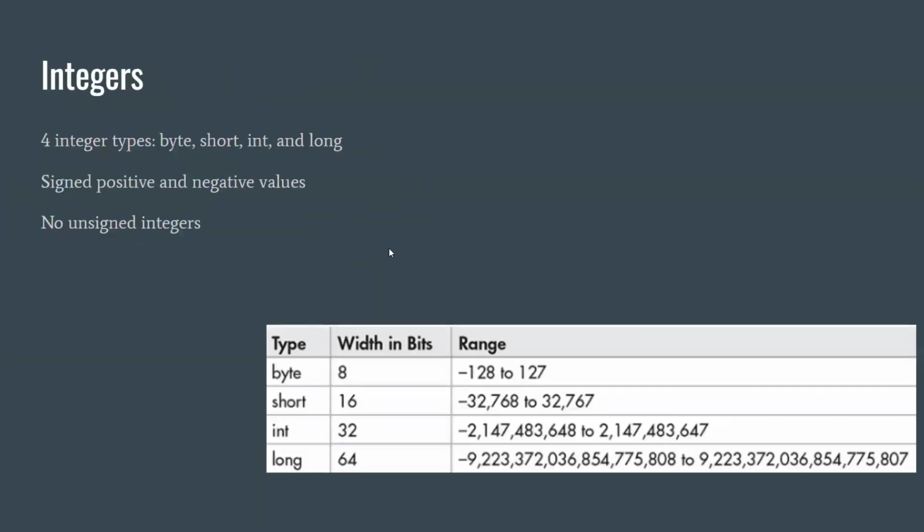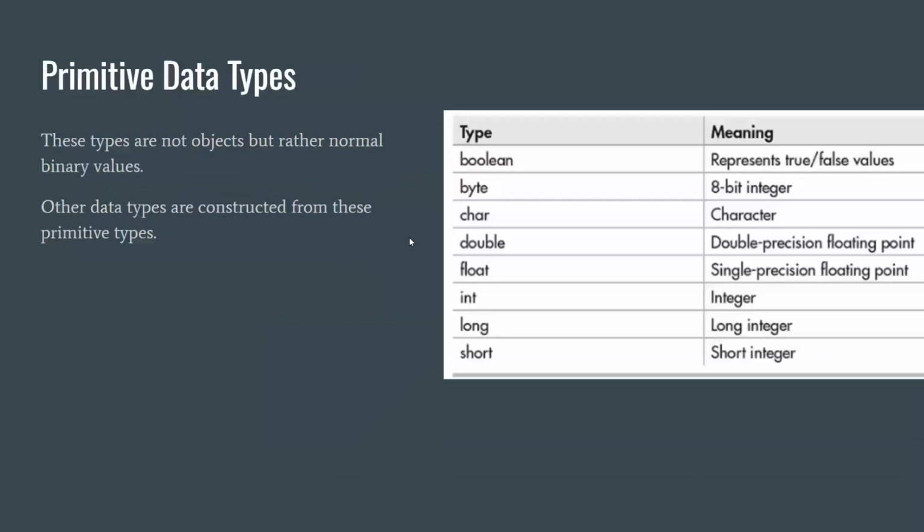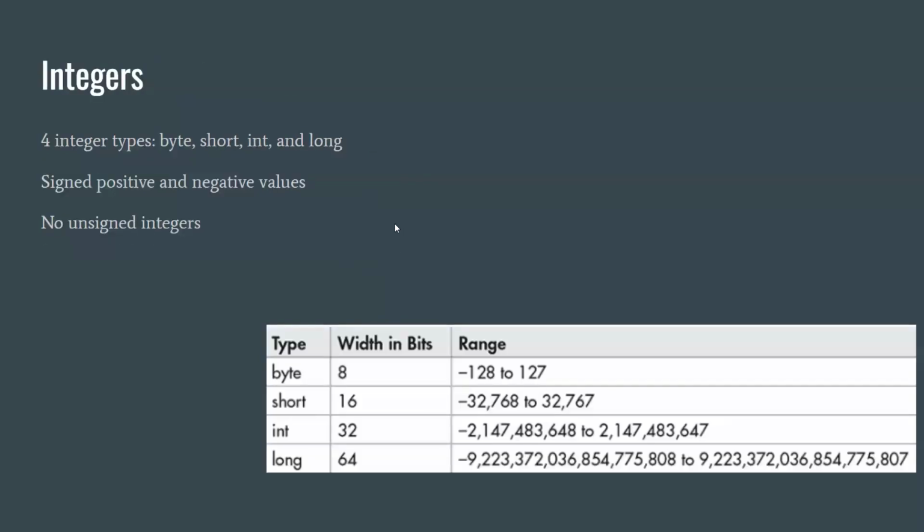To go over integers in more detail, we have mainly four integer types: byte, short, int, and long. They differ in width in bits and also the range of numbers they can represent.